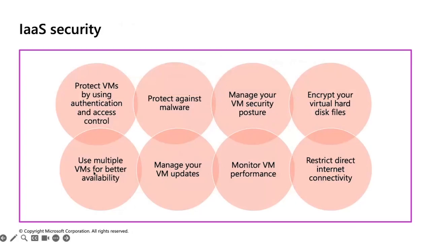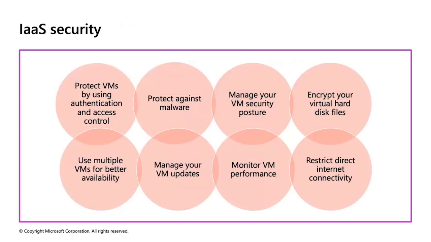We can also use multiple VMs for better availability. If you are using a VM for your production workload, it may be possible that it is a single VM, and we have the challenge that the VM is a single point of failure. So you can use a multi-VM environment as a kind of high availability design.